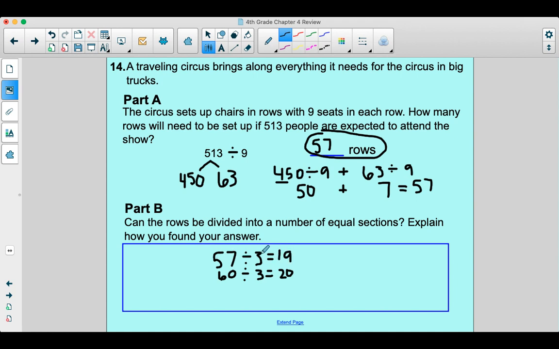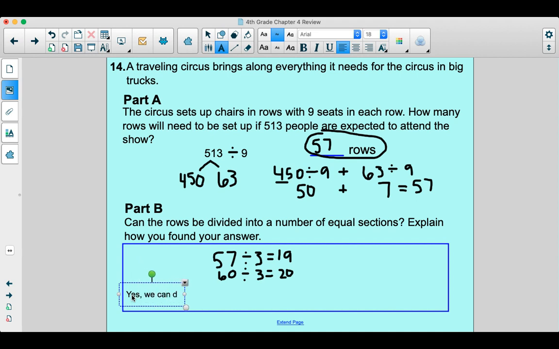So 57 divided by 3 is going to be 19, because 60 divided by 3 is 20. So the answer to that is yes, we can divide 57 rows into 3 equal sections.